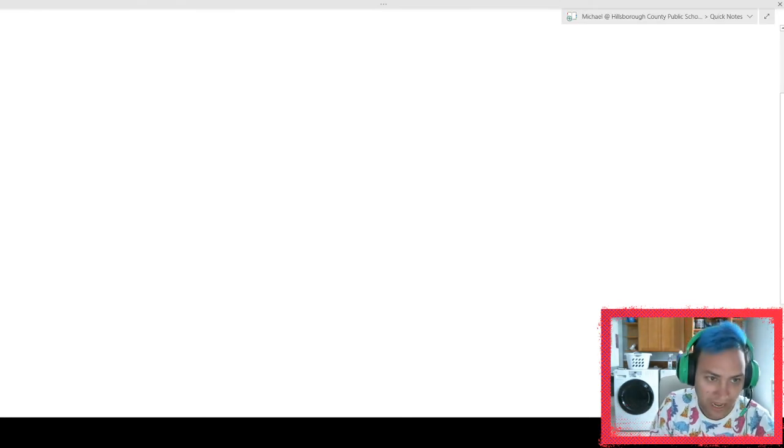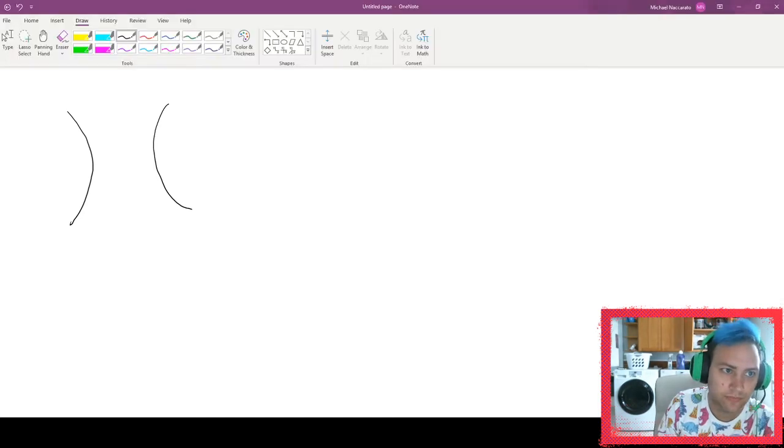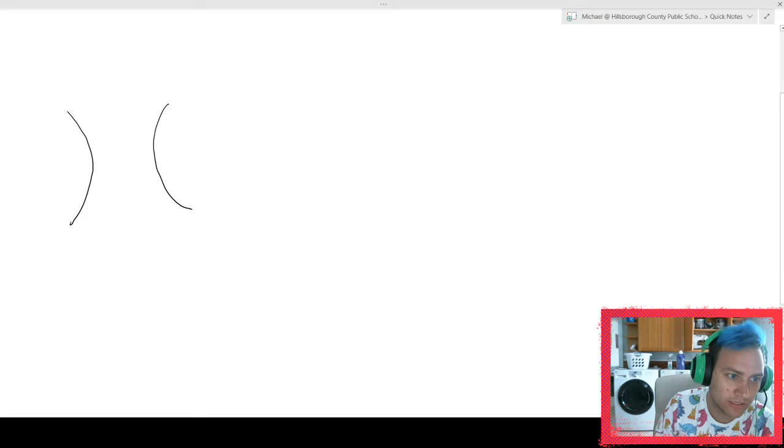Okay, so I have my transversal, correct? There are a few points that we need to know about our transversal. The first one is this one right here. We're going to call this the center.